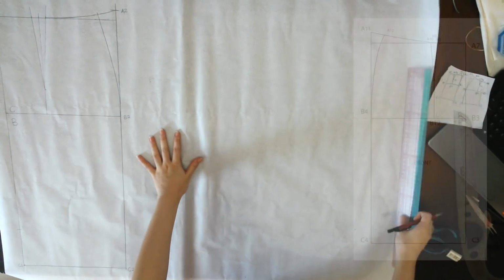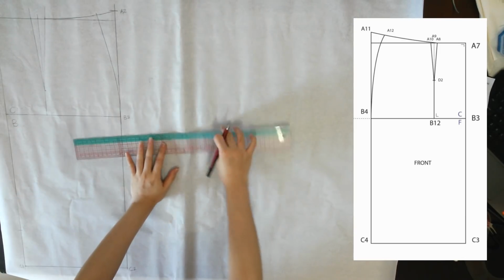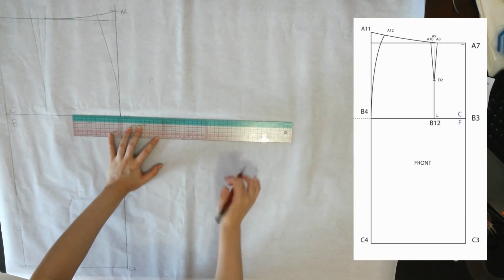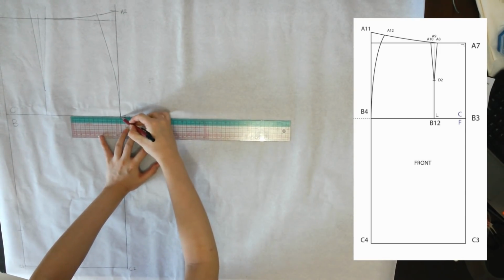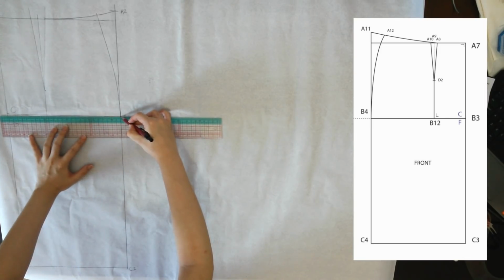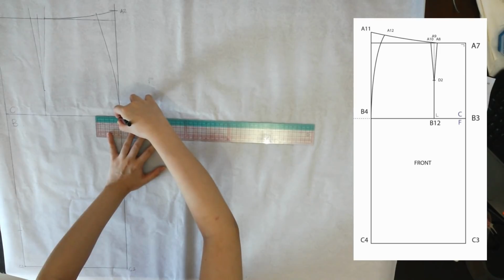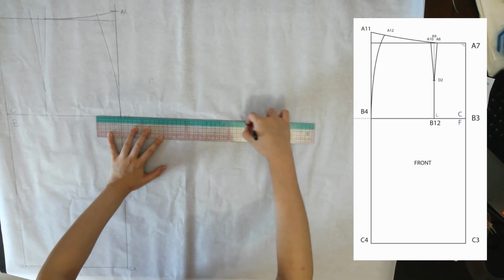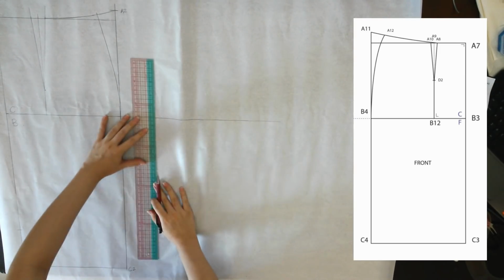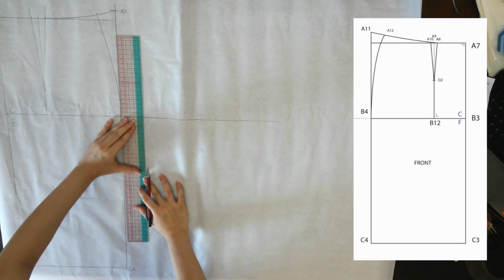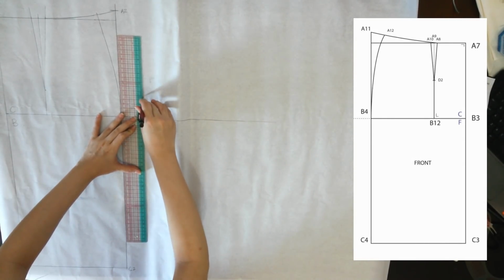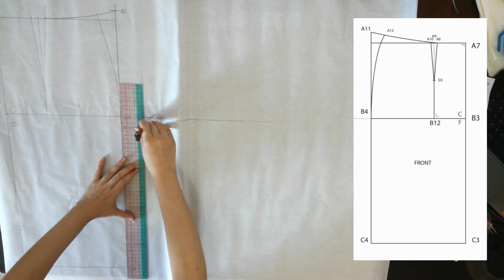Now moving on to the front skirt. I begin by continuing the hip line from the back skirt. Then around a 5 cm gap, I draw a straight line from A11 to C4.